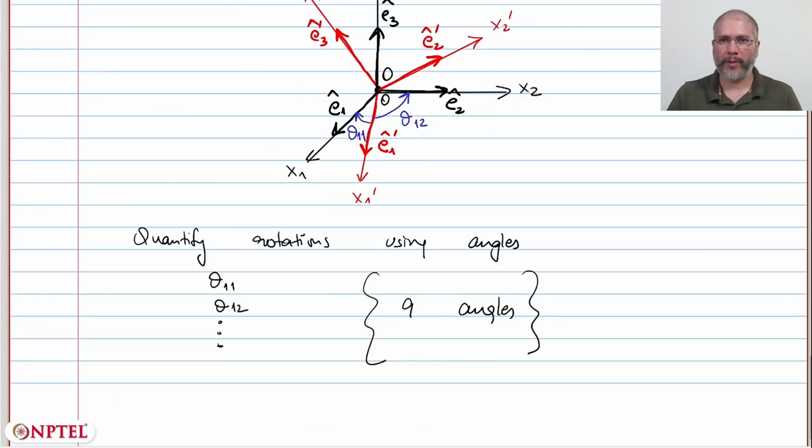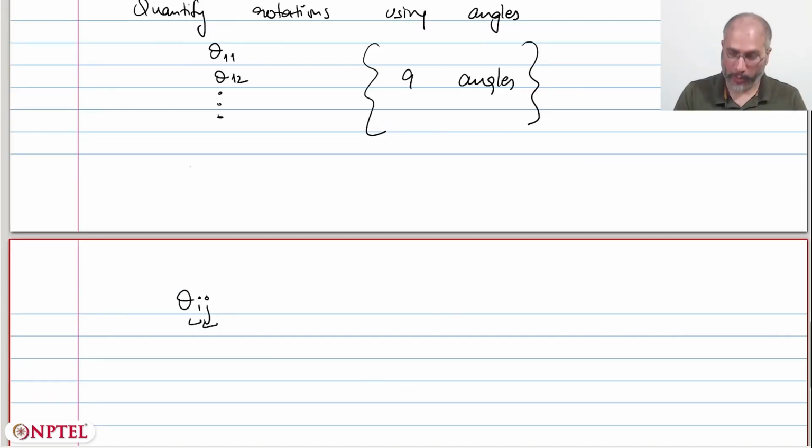So we have a total of 9 angles going from theta 1 1 to theta 3 3. So for the angle theta ij, i represents the primed axis and j represents the base or the non-primed axis.